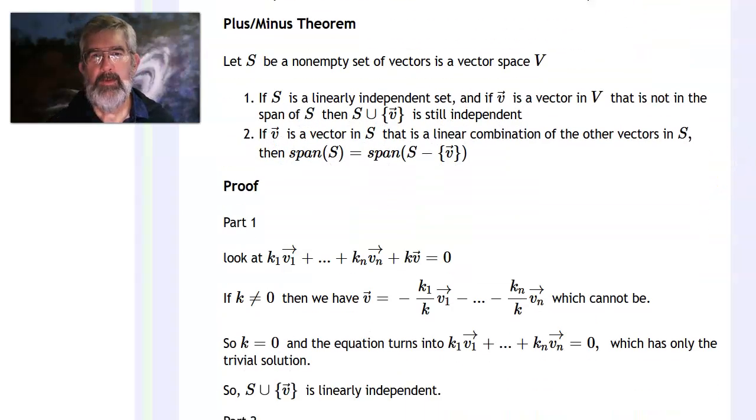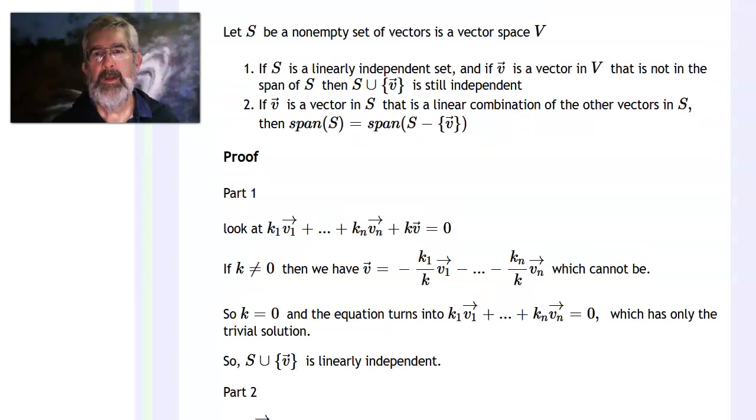For part one here, let's say that V1 up to Vn are the things that are in S. And the vector V is the thing that's not in the span of S. What I want to do is show that V1, V2 up to Vn together with V is still independent. So I'm going to look at a linear combination of them that adds up to 0. And I need to show that all of the k's are equal to 0.